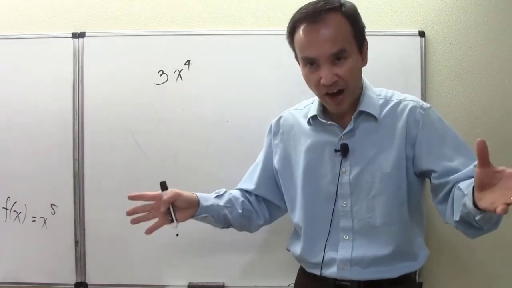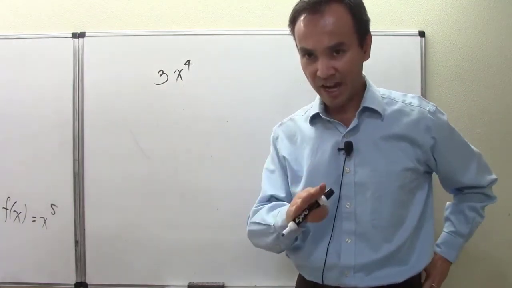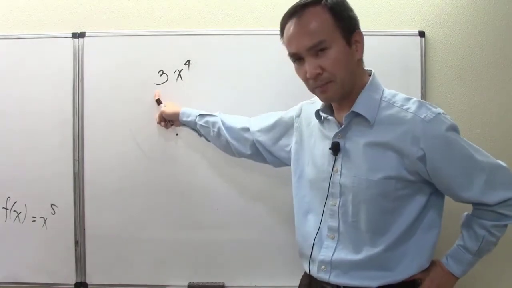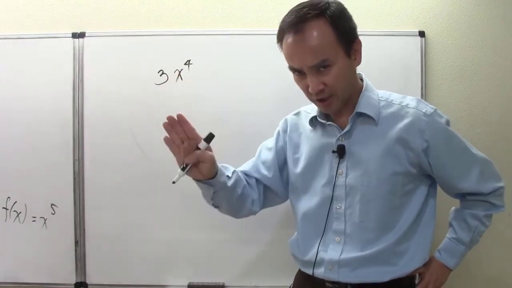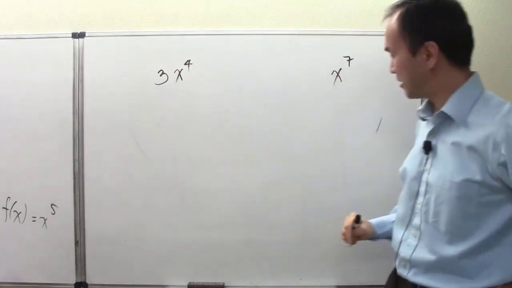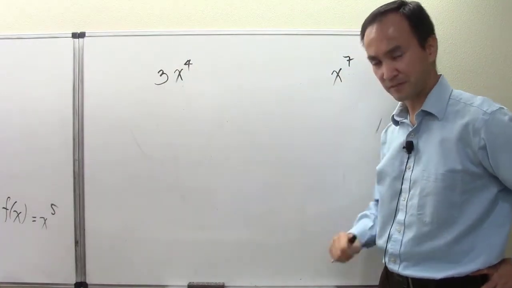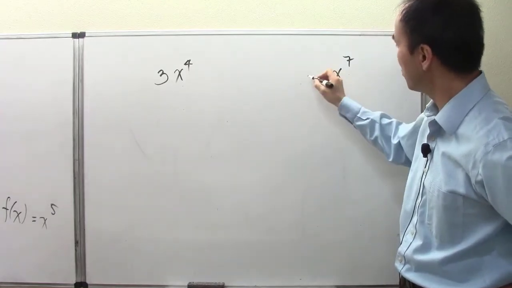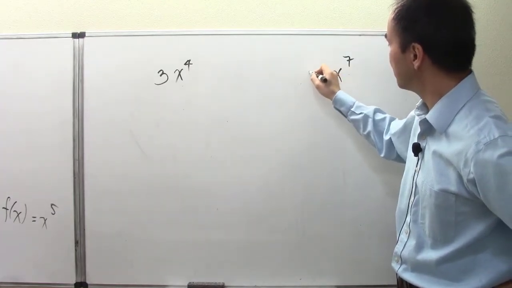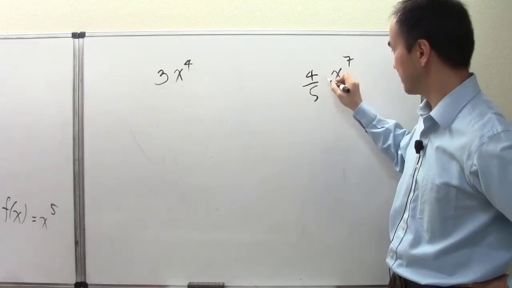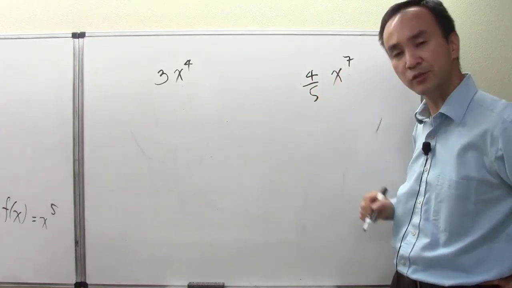We can go with a fraction or anything like that. Right now I stay with a positive number, like a positive 3, that I multiply with that 4th power function. What about here? I'm multiplying a positive 4/5 as a constant with x to the 7th.